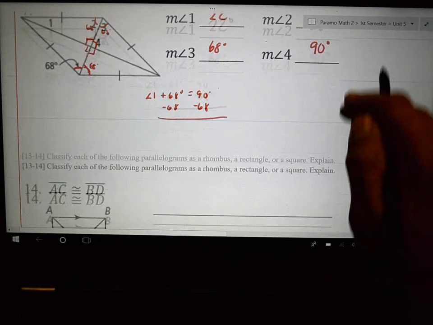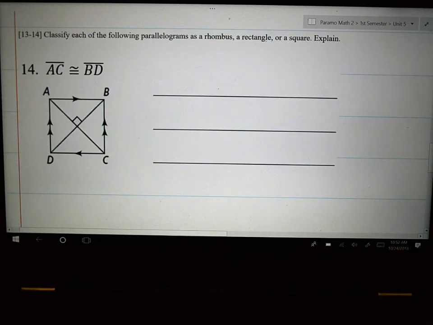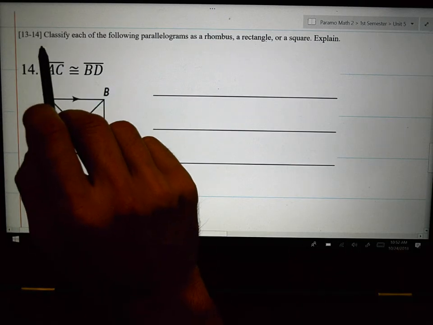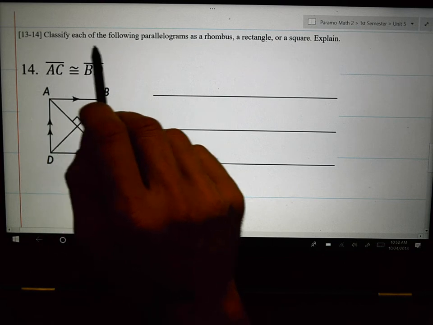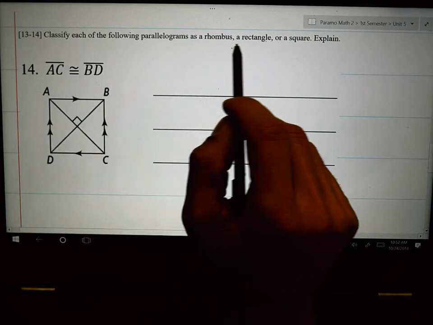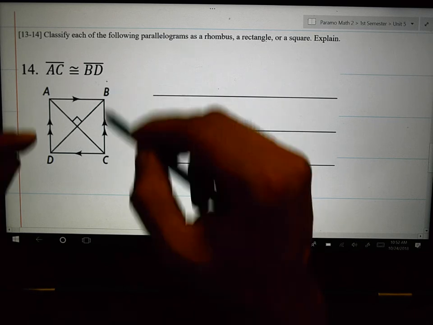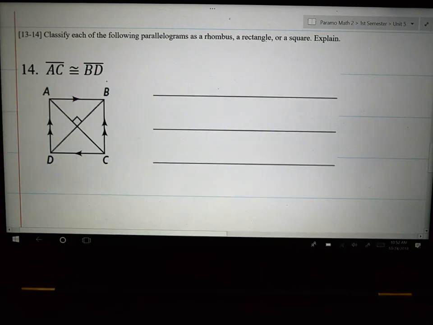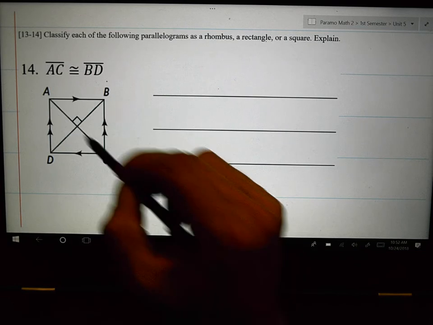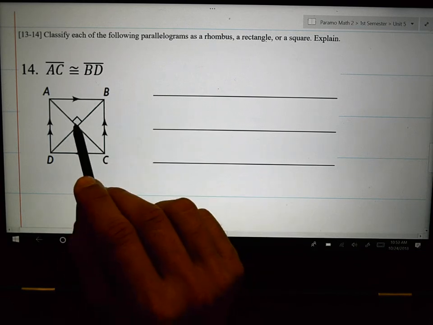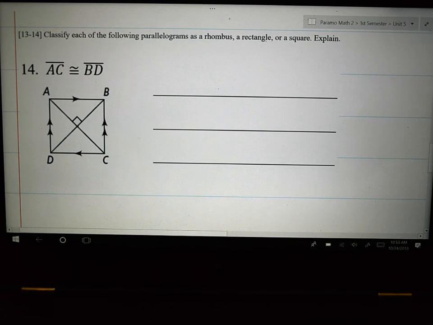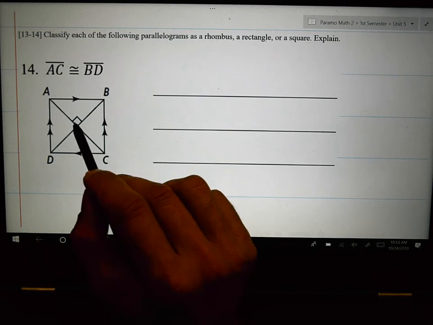2 more examples. Number 14. Classify each of the following parallelograms as a rhombus, a rectangle, or a square, and explain. Parallel, parallel, so it's definitely a parallelogram. Diagonal, diagonal, perpendicular diagonals. It's definitely a rhombus based off of this.